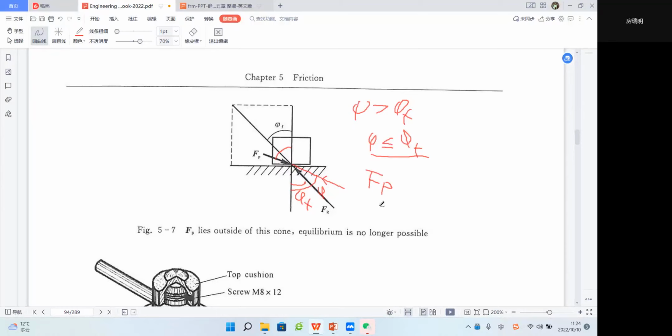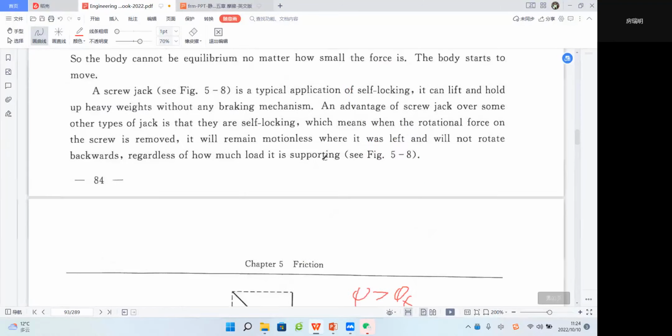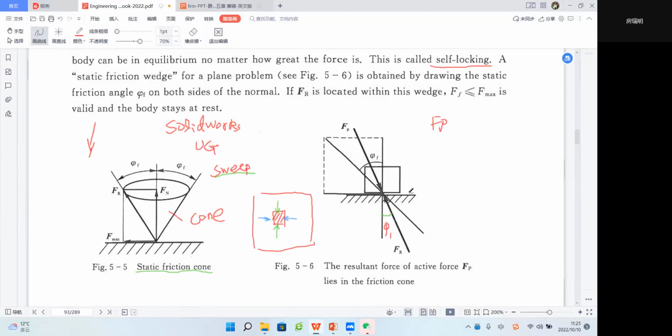No matter how small the FP is, because of its action line, its direction, we don't have an FR which can offset it because of the angle. So no matter how small the FP is, this box has to move. It cannot rest anymore.